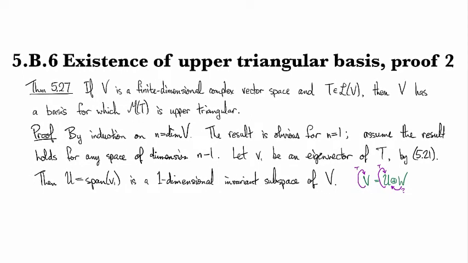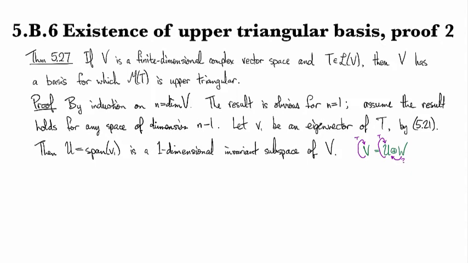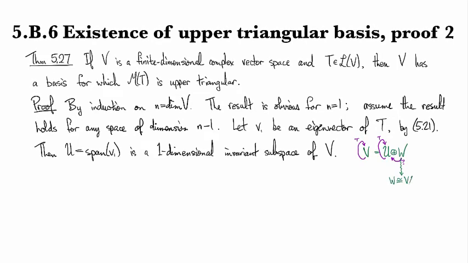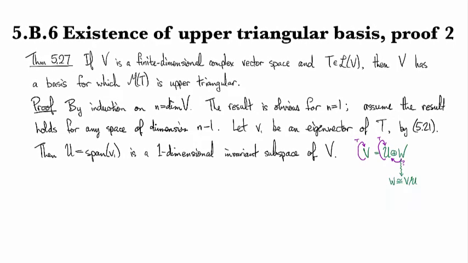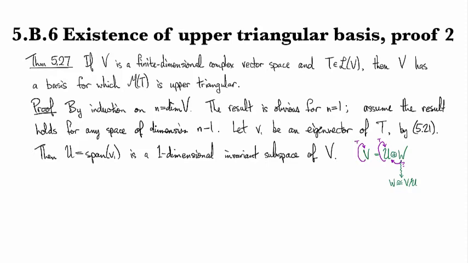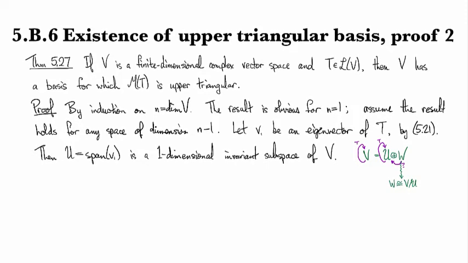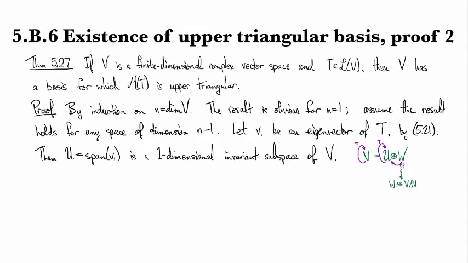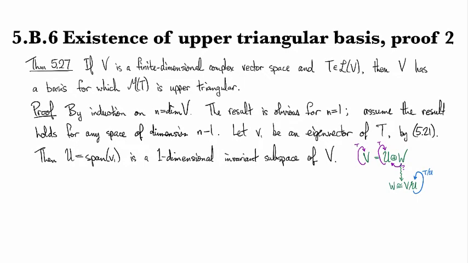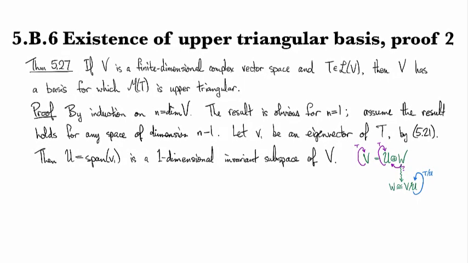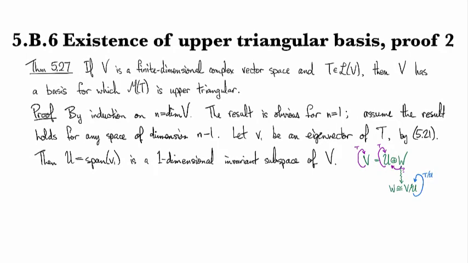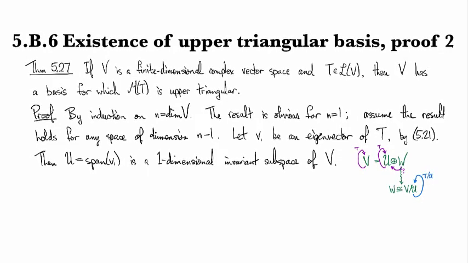But here's a thought. W is isomorphic to V mod U. So if we pass to the quotient map, then what happens is we do get something that's going to be taking V mod U back to itself. And the reason why is because any of those vectors that perhaps T was taking from W into U, well, under the quotient map, U is 0.